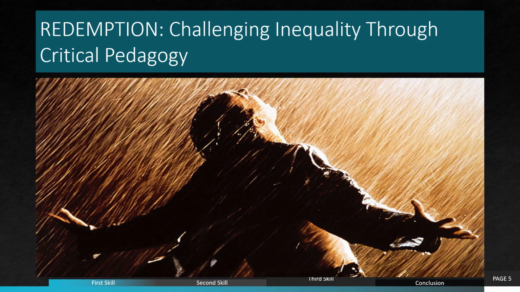The third pillar is redemption. Redemption means equipping students to challenge injustice and reclaim power. It is a commitment to confronting social inequity and stratification in schools. Social inequity in schools refers to the disparities in access to quality education based on various social factors, including socioeconomic status, race, and geographic location.